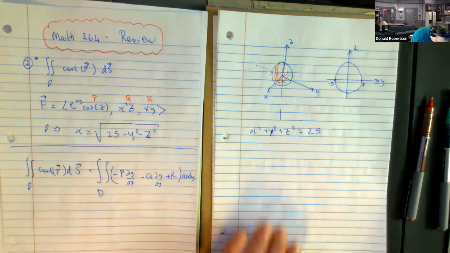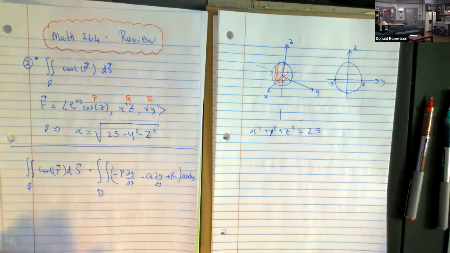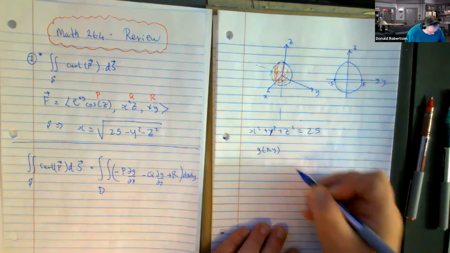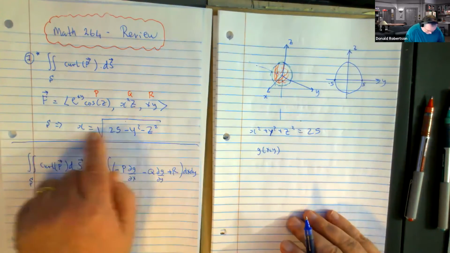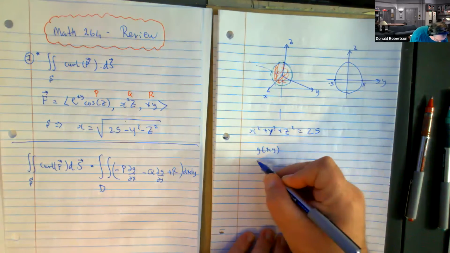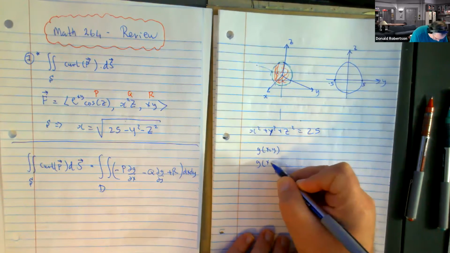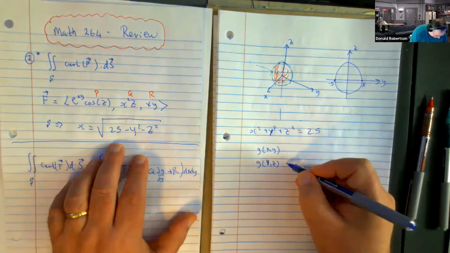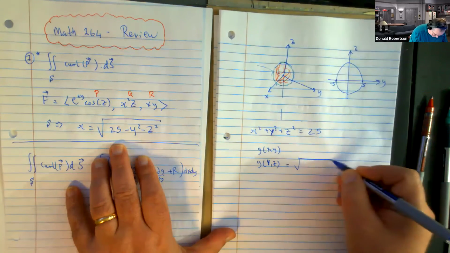Now, the function that is the surface, right? In this case, we would typically call the surface g of xy, but I think it's more appropriate to call it g of yz, is essentially this guy here.